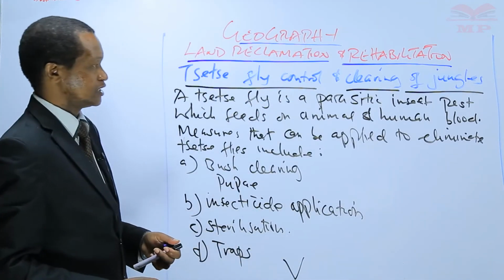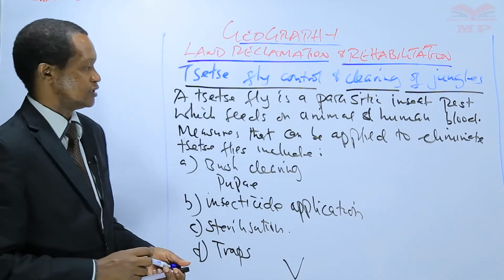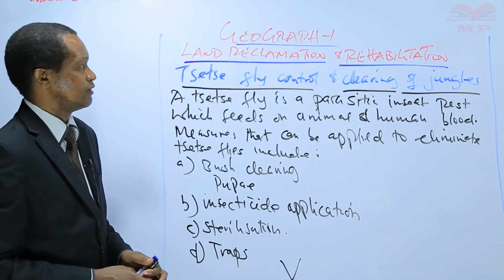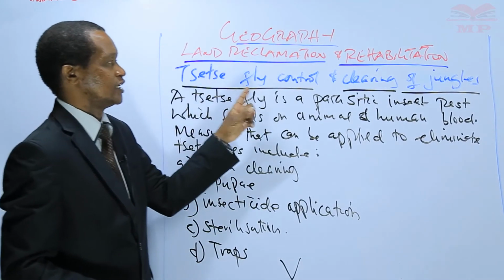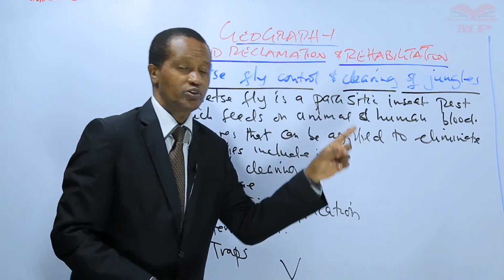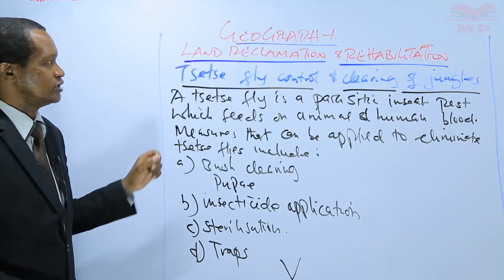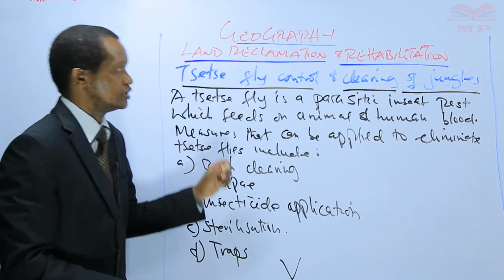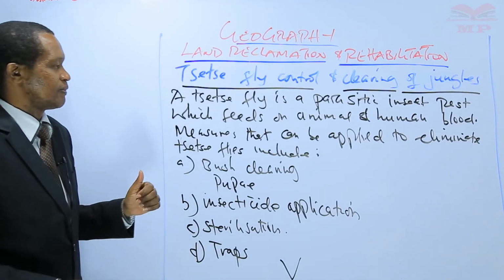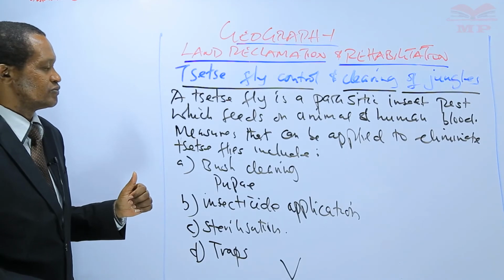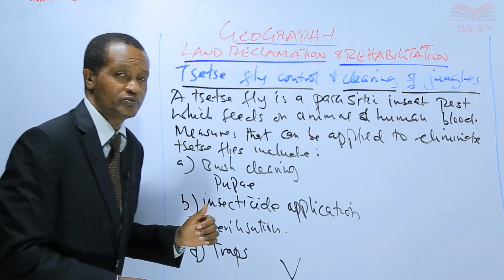So that will mark the end of our today's lesson, learners, where we have discussed the fly control and clearing of jungles as a method that can be used to rehabilitate and reclaim land. So, is there any question?